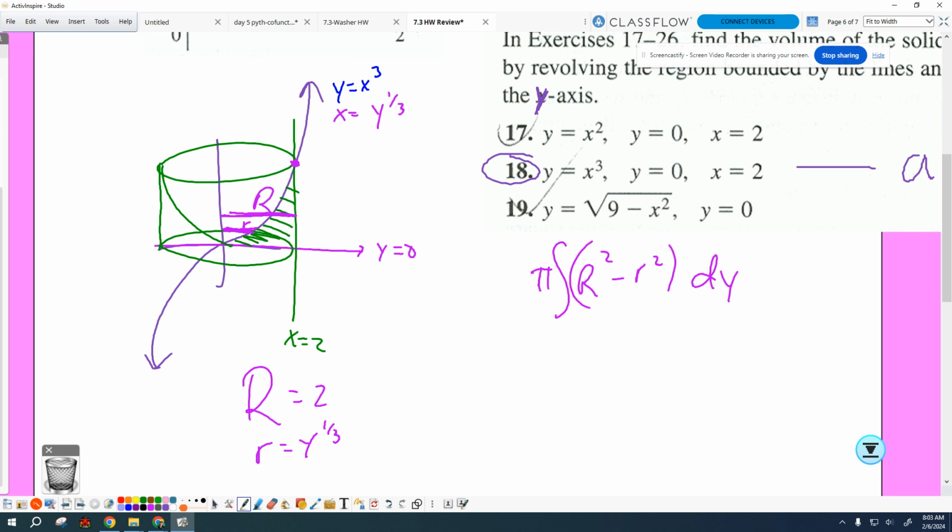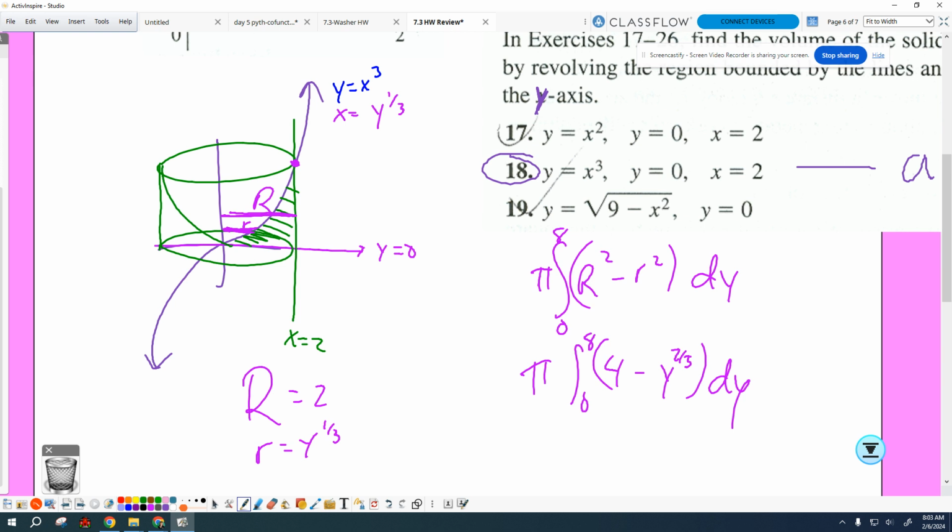What's the Y value right there? When X is 2, Y is 8. And the Y value down here was 0. So capital R squared minus little r squared. So integrate each and plug in numbers.